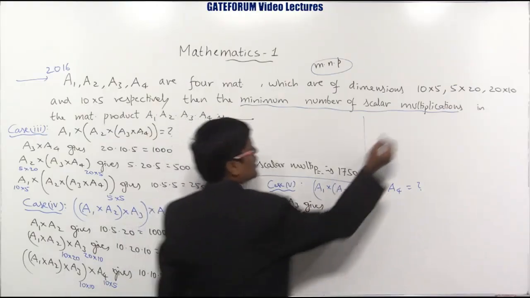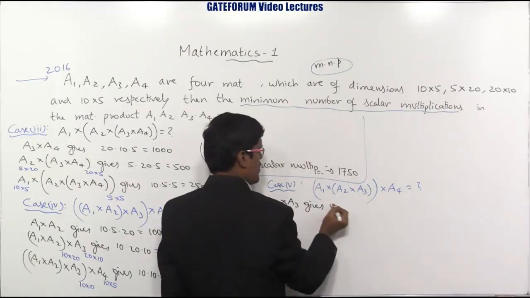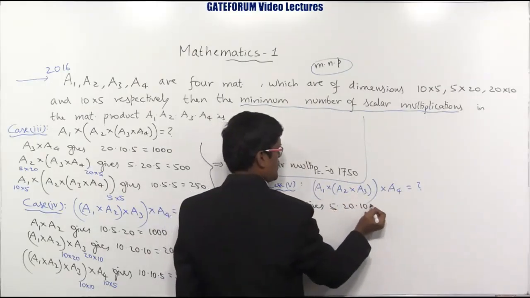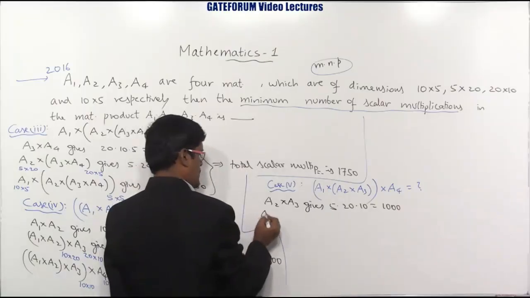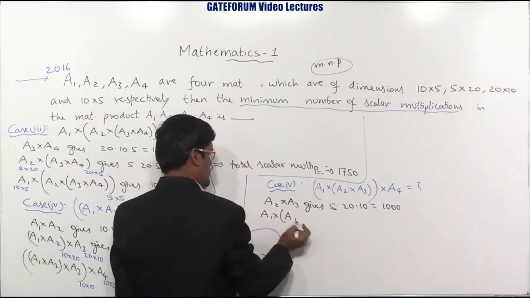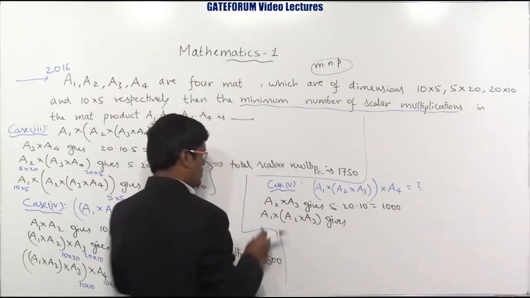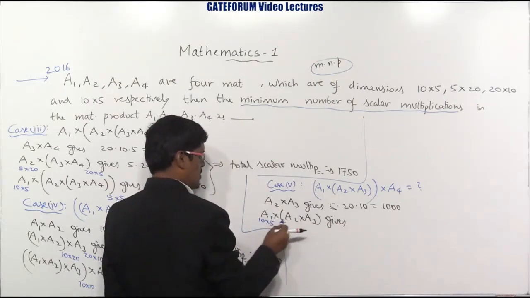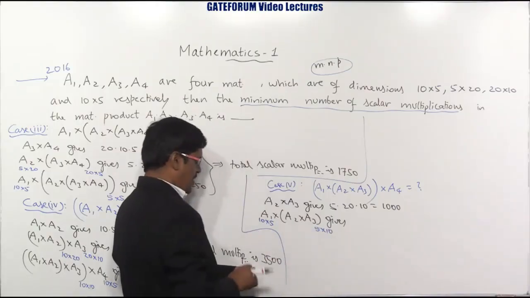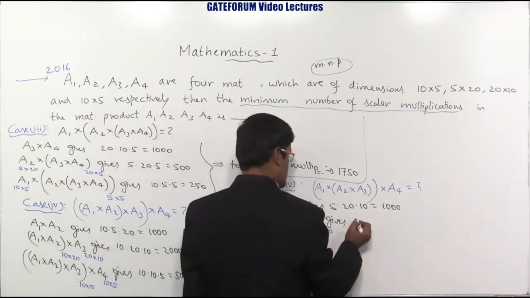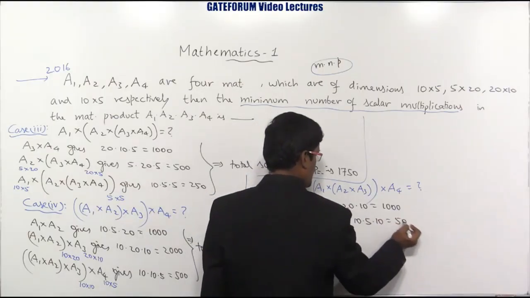It gives A2 5 into 20, A3 20 into 10. M, N and P gives 5 into 20 into 10, that is 1000 scalar multiplications. Next, A1 into A2 into A3 gives A1 order 10 into 5, A2 into A3 order 5 into 10. Compare with M into N, N into P gives M and P, 10 into 5 into 10, 500 scalar multiplications.